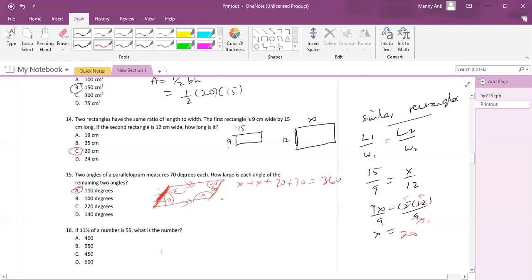And then if you solve this, that would be 220 divided by 2 divided by 2, x will be equal to 110.